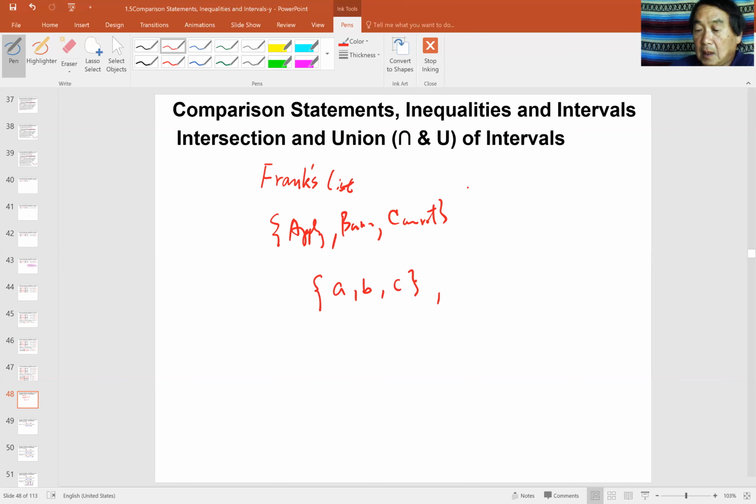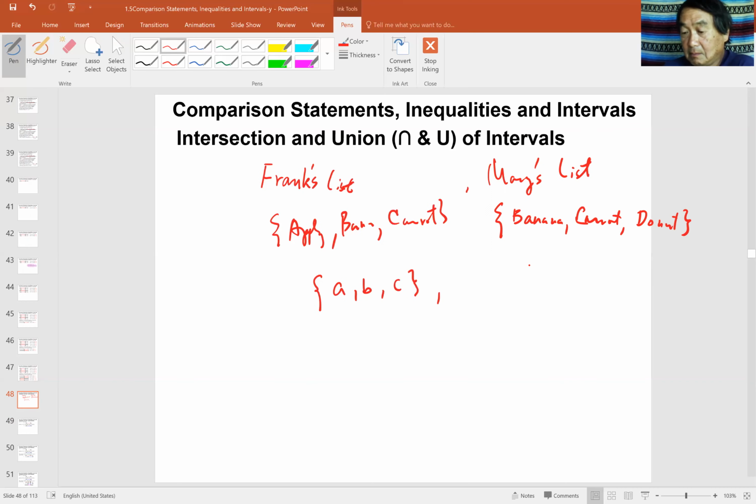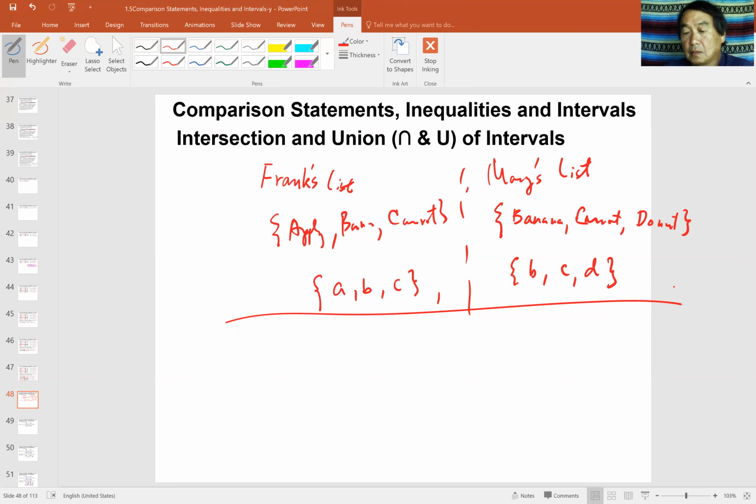And here's Mary's list: banana, carrot, donut. B, C, D. We're going to go to the grocery store, and we have a lot of money, no problem.